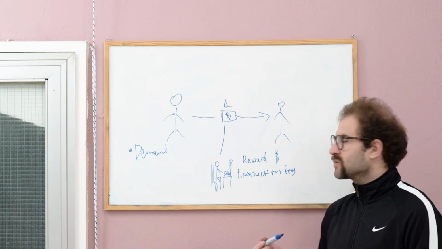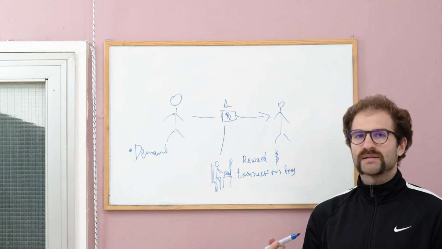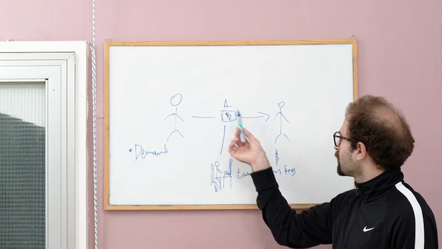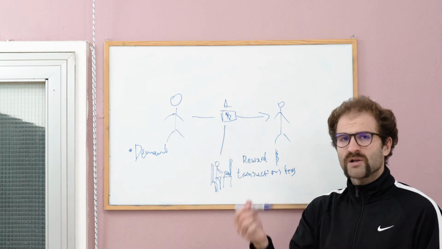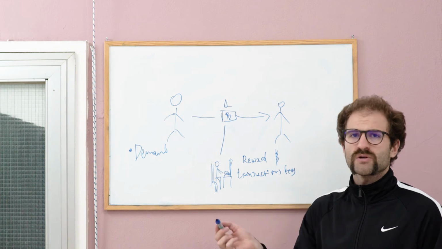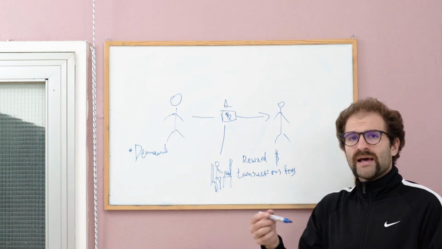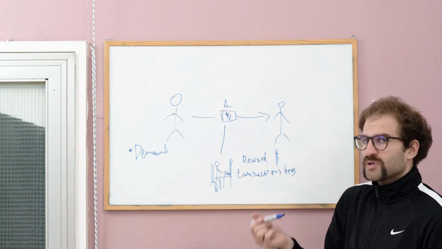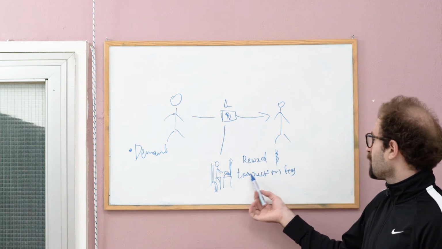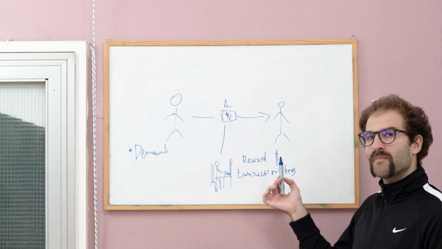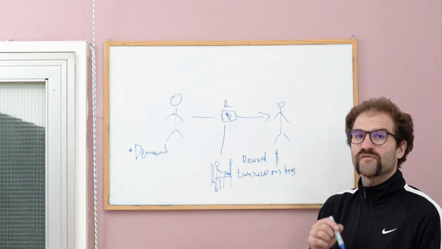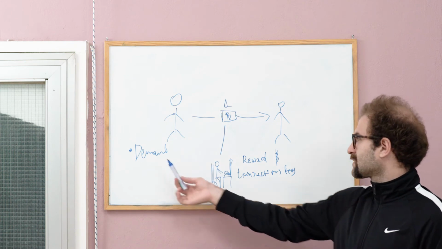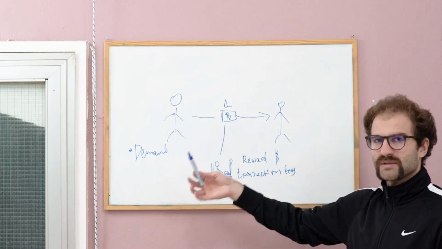Because if there's 1 million people and the Bitcoin block can only take a certain amount of transactions, then I have to wait for the next block. And of course, if I want to take the first block, I can pay more transaction fees for the miner to accept my transaction first than somebody else's. And of course, that creates higher demand and higher prices.